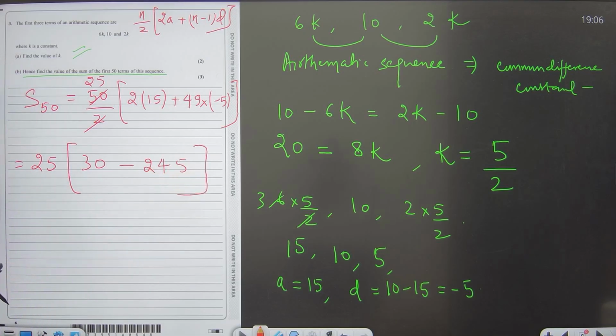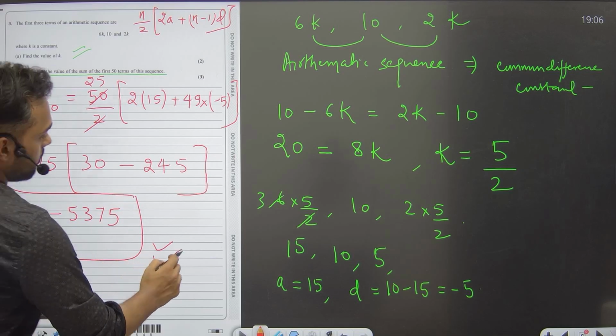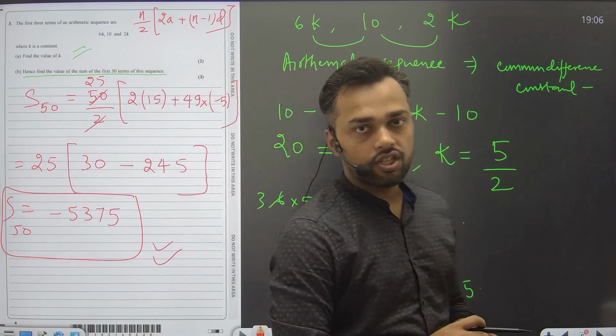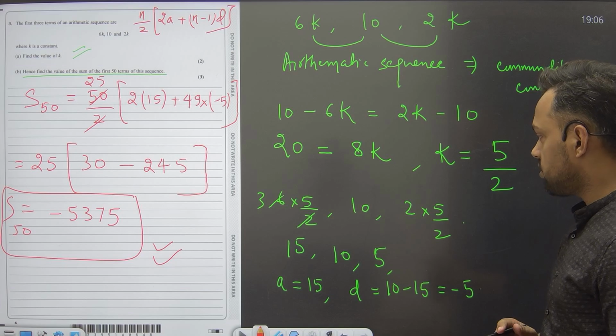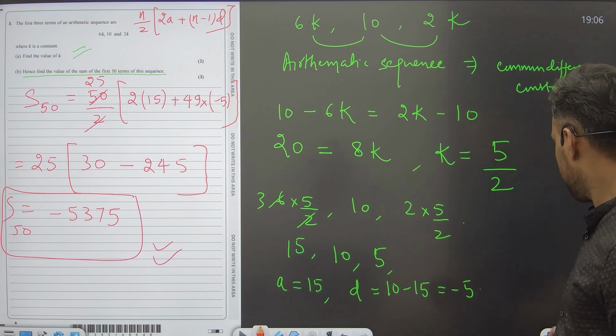Now 215 cross 25 will get negative 5375. This is the sum of the 50 terms, students. Negative 5375. Okay, this is how we should approach this problem.